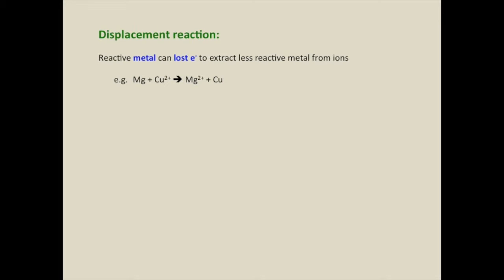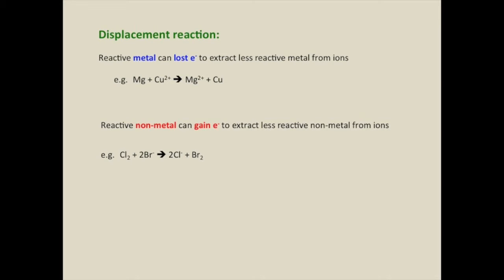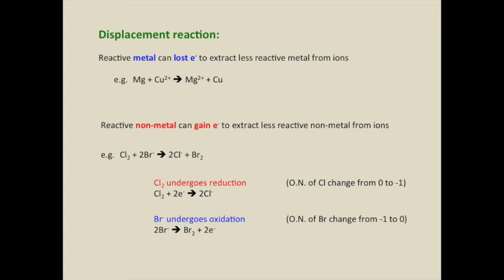For the non-metal part, we have the similar idea, which is the reactive non-metal can gain electron to extract less reactive non-metal from ions. For example here, the chlorine gas can displace bromine from bromide solution. In this reaction, the chlorine undergoes reduction and the bromide ion undergoes oxidation.